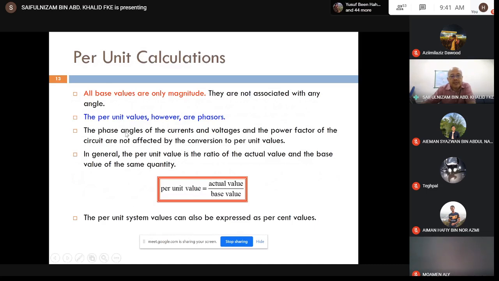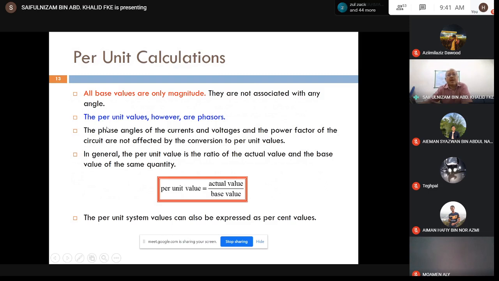In per unit calculation, all base values are only magnitudes. What is a base value? It's a reference value. So there is no angle involved. It's only the magnitude of the phasor. Remember, there is no complex quantity involved.